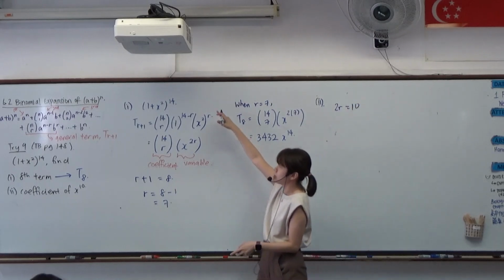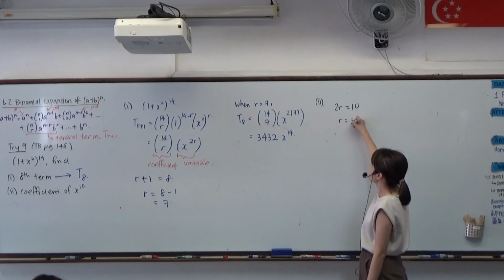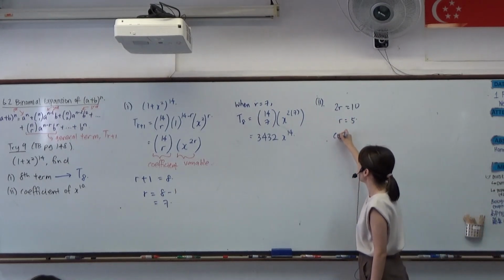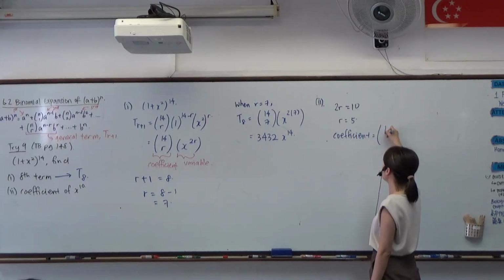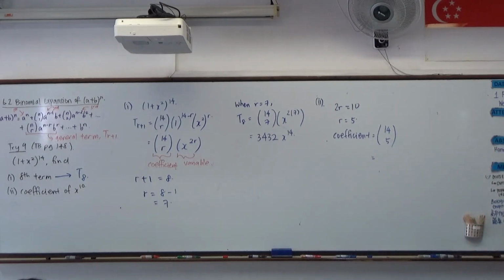I don't need to repeat these steps, since we've already done part 1. So that means r is equal to 5, and therefore the coefficient would be 14 choose 5, and that is 2002.